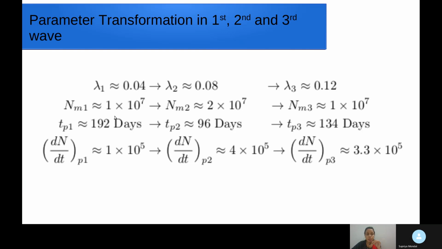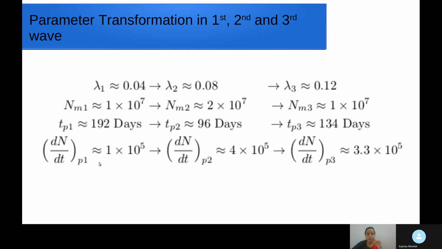The maximum cases were 1 crore for COVID-19 in the cumulative cases, 2 crore for Delta, and 1 crore for Omicron. TP was 192 days for COVID-19, 96 days for Delta, and 134 days for Omicron.